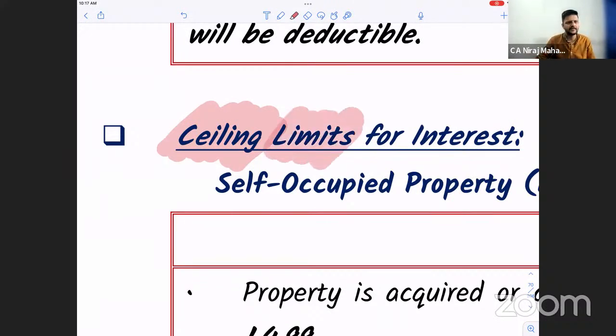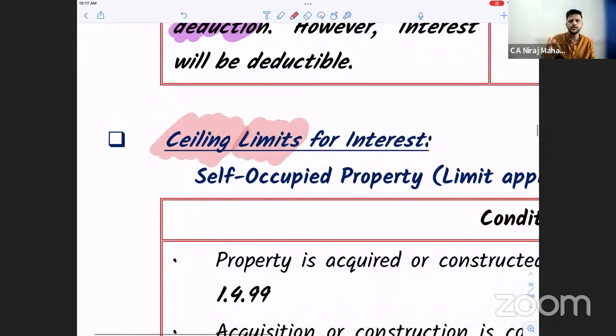What do you mean by ceiling limits? Upper limit, the top. Ceiling limit means upper limit, higher limit, correct, for interest. Which interest am I discussing? Obviously 24B. So understand, 24B has some limitations.